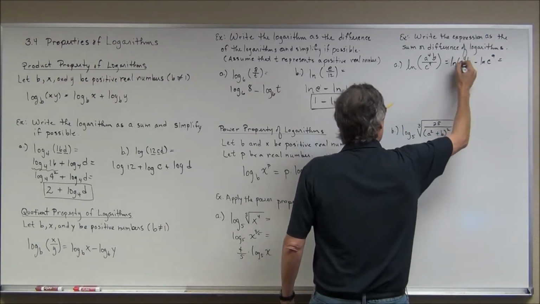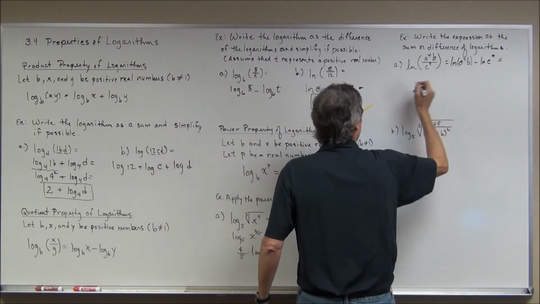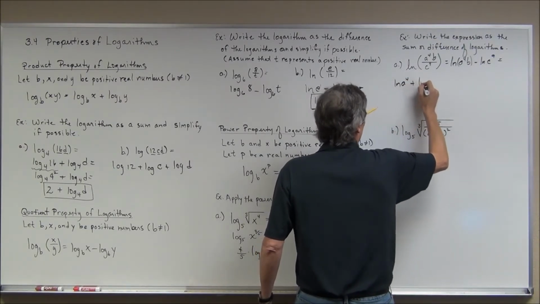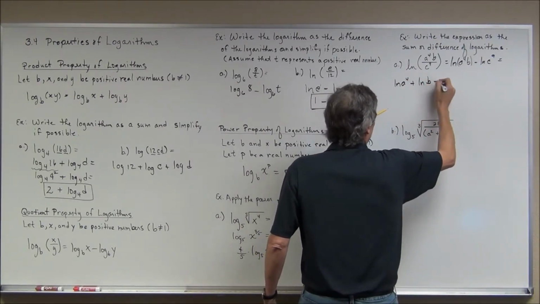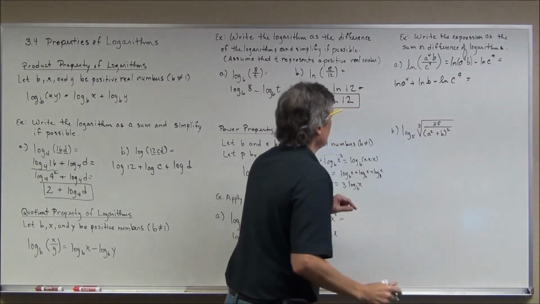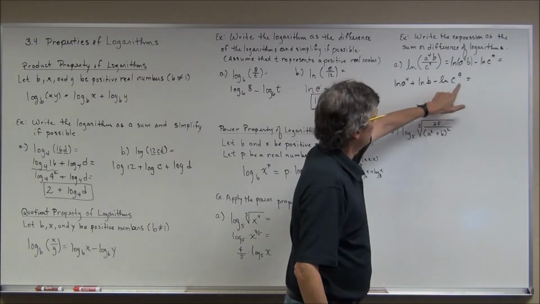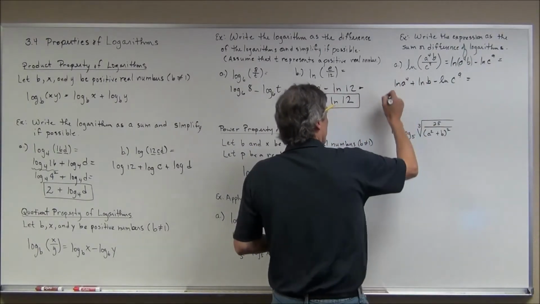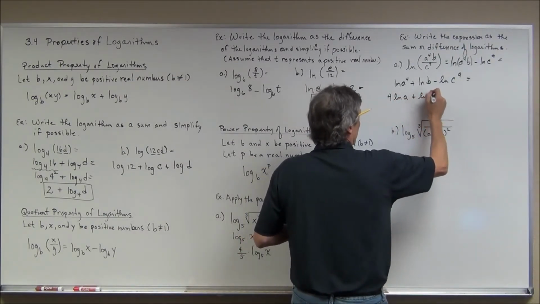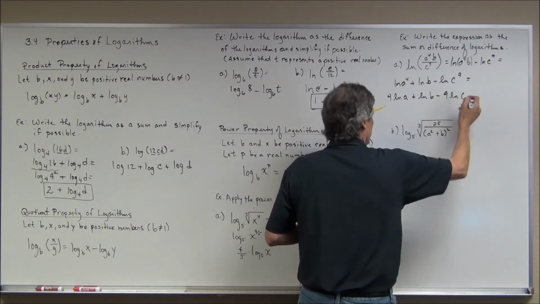This right here is a product, so using property 1, I'm going to write this as the natural log of the first factor plus the natural log of the second factor, minus the natural log of c to the 9th. Then I'm going to use the power property because I have exponents, and bring those out in front. I'm going to write this as 4 times the natural log of a plus the natural log of b, minus, bring the 9 out in front, 9 times the natural log of c.